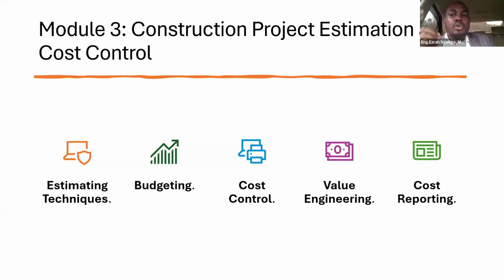Then the third module that we'll be able to discuss is on construction project estimation and cost control. Once you have looked at the full feasibility of your project from the planning aspect, and you have been able to apportion timelines for your project, then it will be very critical for you to understand what the estimates for this project are in terms of cost.